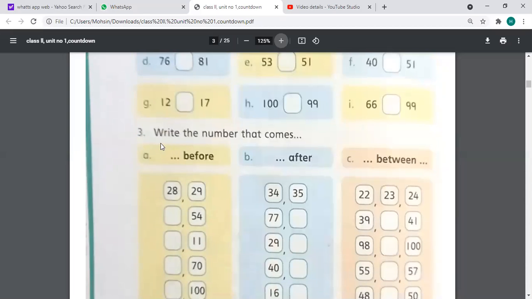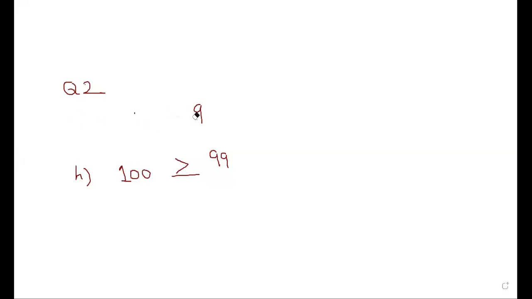Now, what you have to do in question number 3: write the numbers that come before, after, and between. Now, come to the board. How will we do this part? That is question number 3.